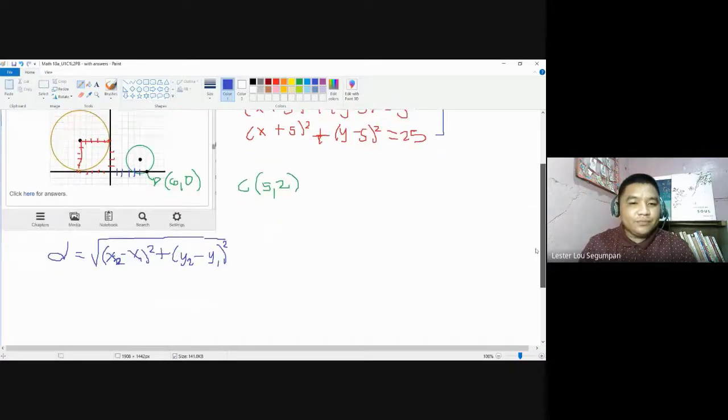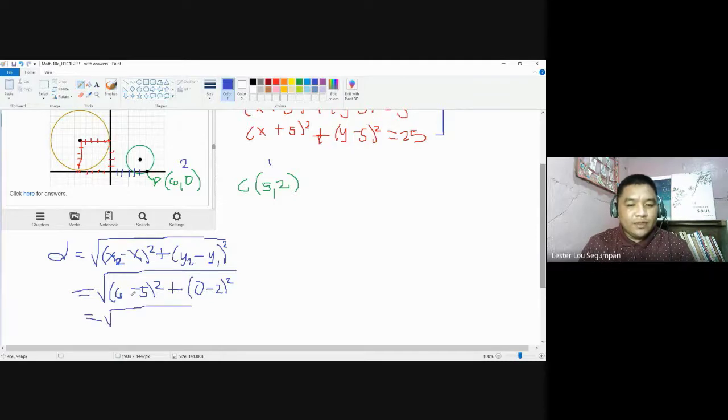So let's continue. Let's take this as our point 2 and this as our point 1, or either way around. Then x sub 2 is 6 minus 5, take the square of it, plus y sub 2 is 0 minus 2, take the square of it. So you have the square root of 1 squared plus negative 2 squared, which is the square root of 1 plus 4, which yields the square root of 5.